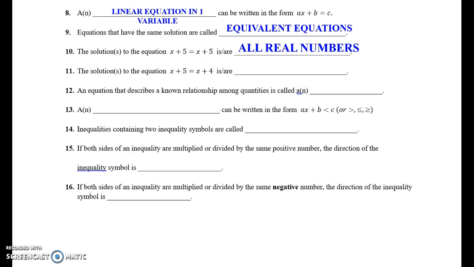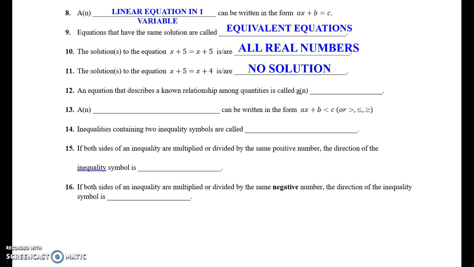And you're going to wind up with a not true statement. If you take a constant to one side, say you subtract 4 from both sides, you're going to get x plus 1 equals x, but then you're going to subtract x from both sides, and you're going to get 1 equals 0. So if you get a false statement that 10 equals 2 or 1 equals 0 and it's false, there is no solution.